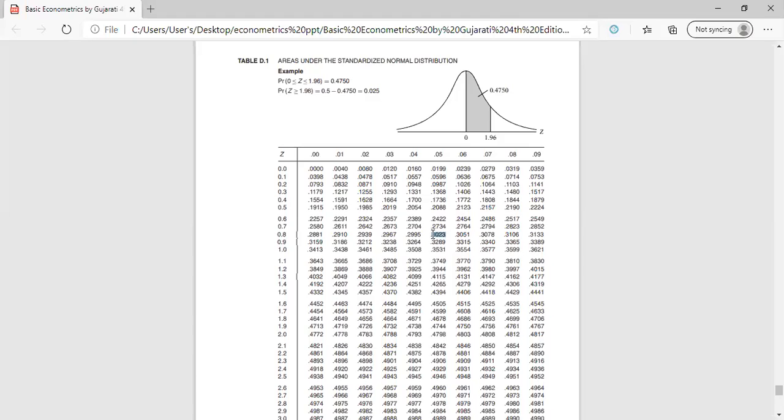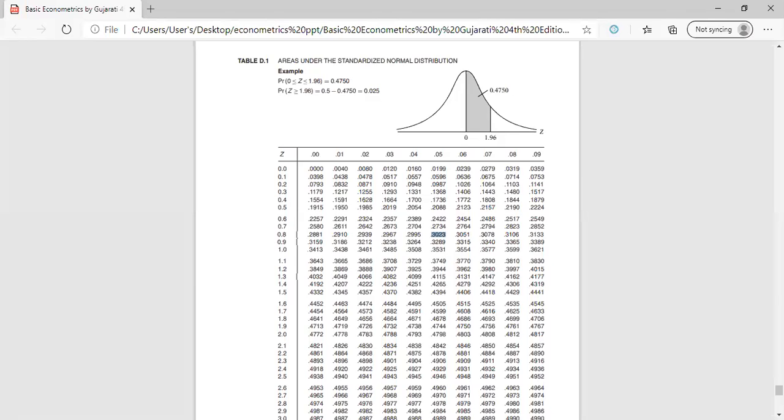What is the probability that Z lies between 0 and 0.85? Exactly. This is the probability that Z lies between 0 and 0.85. Is there anybody who has any doubt about this in this class? No problem, I hope.